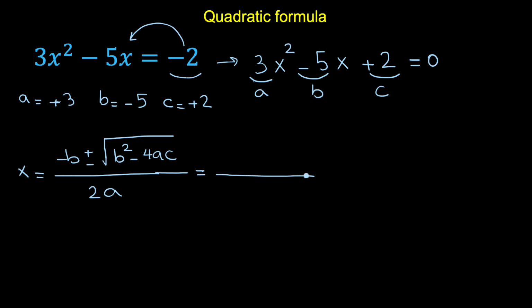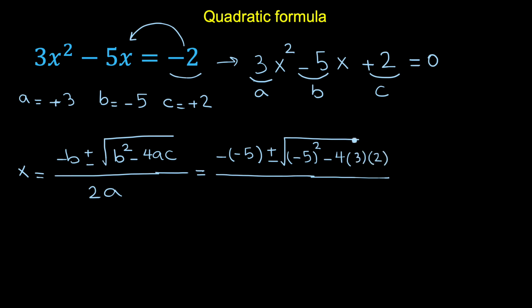So here we have -b, and b is -5, so we write -(-5) plus or minus the square root of (-5) squared minus 4 times a, which is +3, times c, which is +2, divided by 2a, so 2 times a, which is +3.